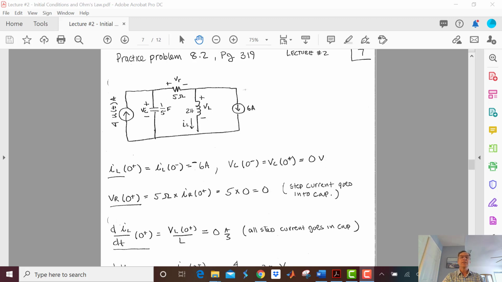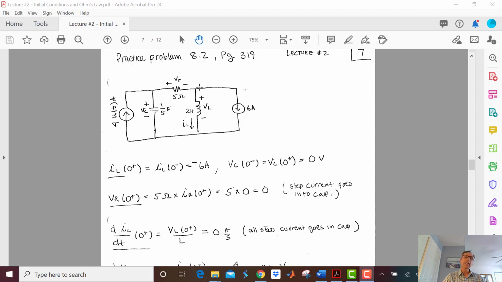Now we want to get dVr dt at 0 plus. This is a little tricky. At t equals 0 plus, we know that this current source is going to turn on, but we're going to have no voltage on the left side of this resistor. And so that means that there's going to be nothing changed over on this side of the circuit because this voltage started at 0, it stayed at 0.